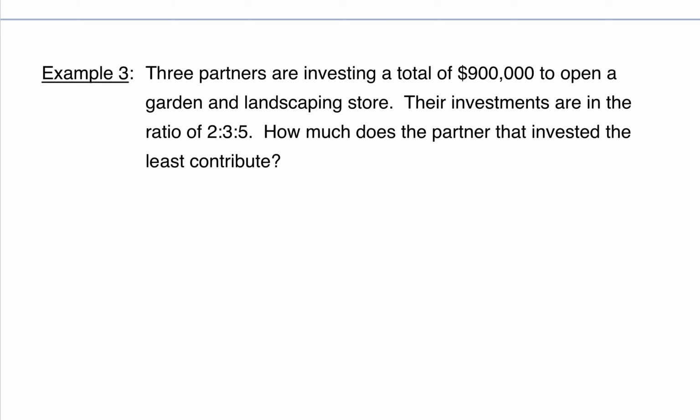So we're going to let 2x represent the amount invested by the first partner, and then 3x represent the amount invested by the second partner, and then 5x represent the amount invested by the third partner, and that will equal the $900,000 in investments.